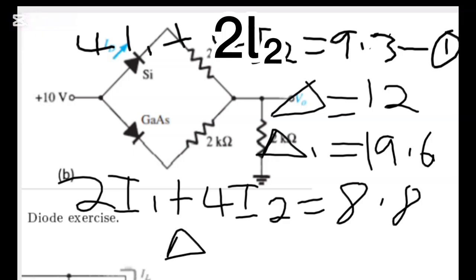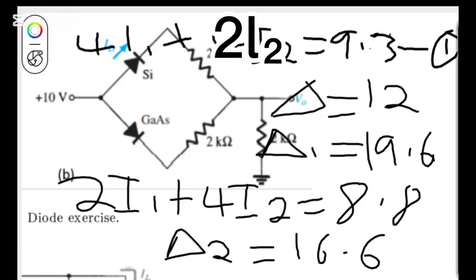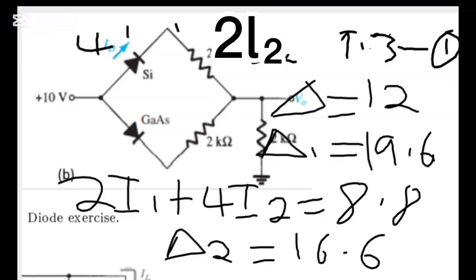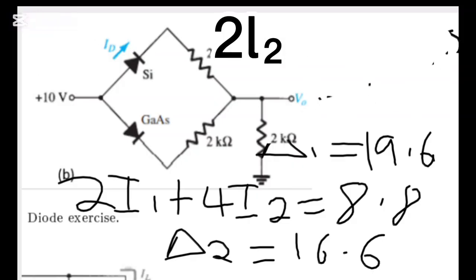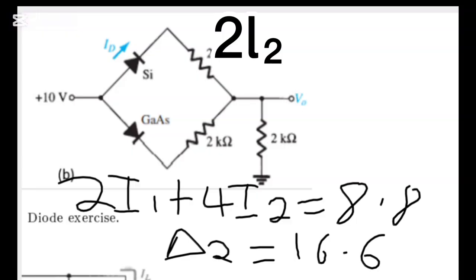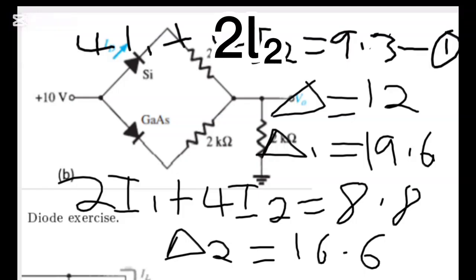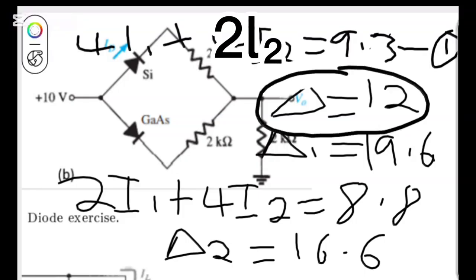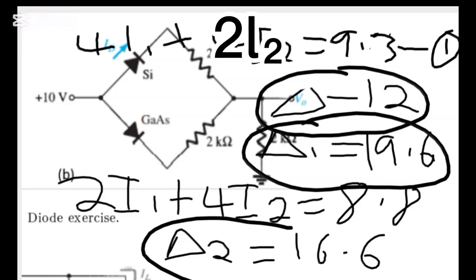And for delta 2, after putting the output in the second column, I get 16.6. So after then, I hope you write down the values of delta, delta 1 and delta 2.